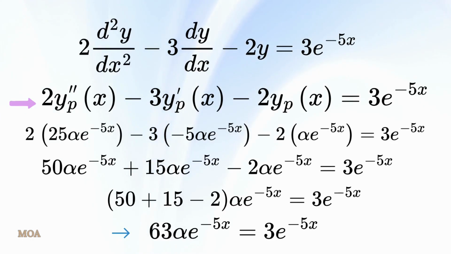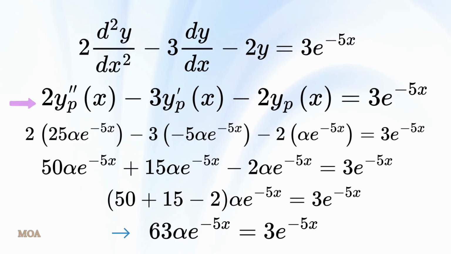Factoring out α e^(-5x), we obtain the quantity (50 + 15 - 2) multiplied by α e^(-5x). Since 50 + 15 - 2 equals 63, this becomes 63α e^(-5x).